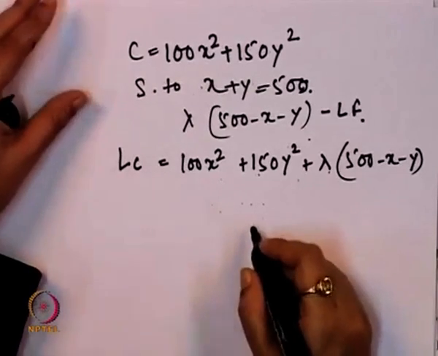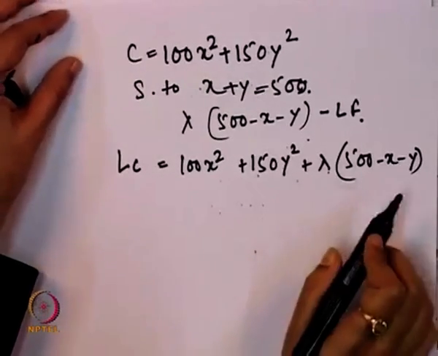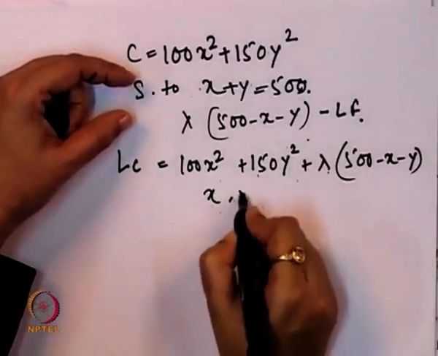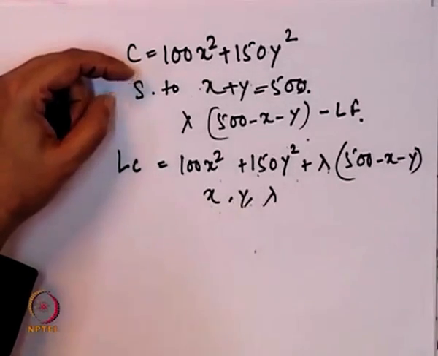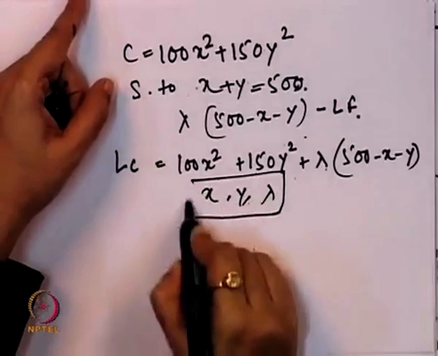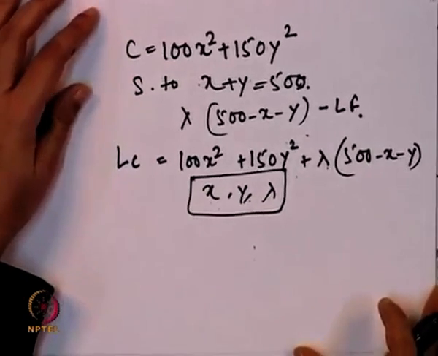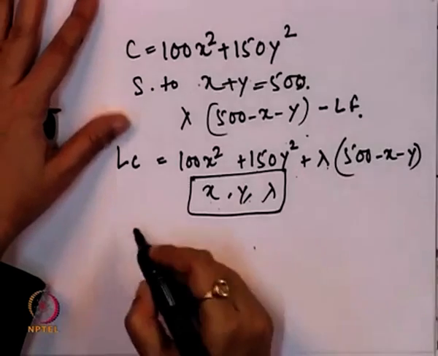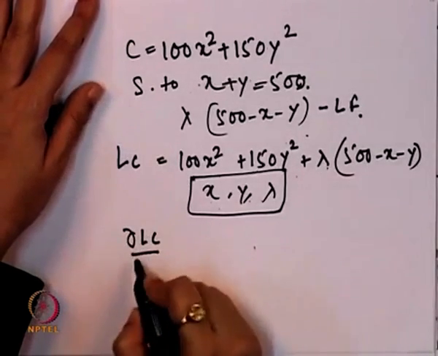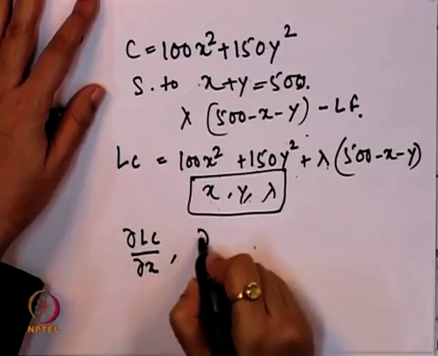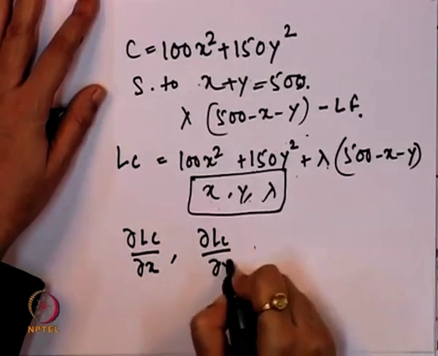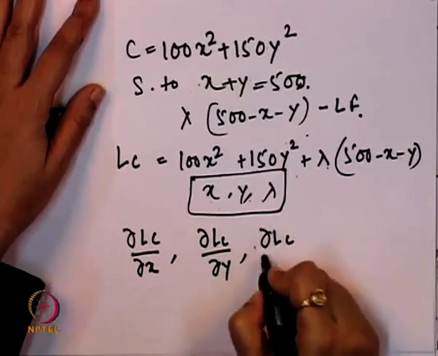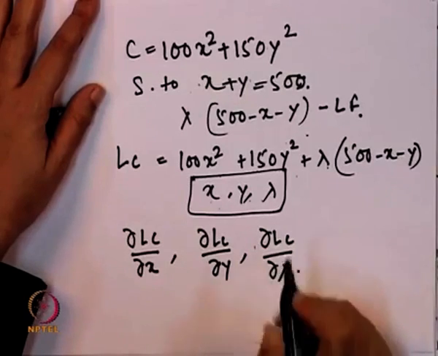Now, we again have three unknowns, that is x, y and lambda. In order to find them, we will follow the same formula we used for the profit maximization. We will find del LC with respect to x, del LC with respect to y, and del LC with respect to lambda.